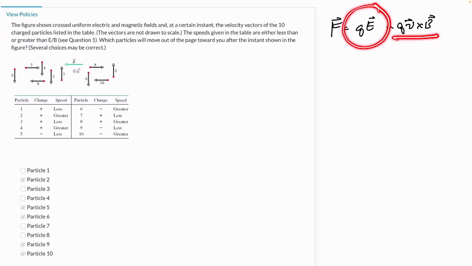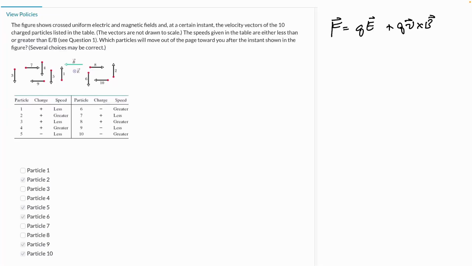Chapter 22. So that should be in the bag. I'm pretty sure I focused only on this for the test, so I don't think you need to worry about this as much. But in this problem you do, because there's an electric field right there.